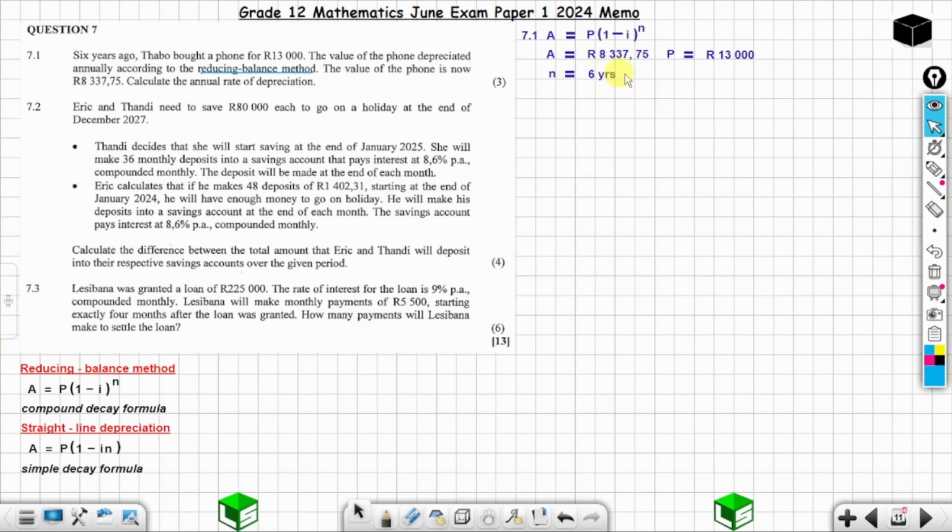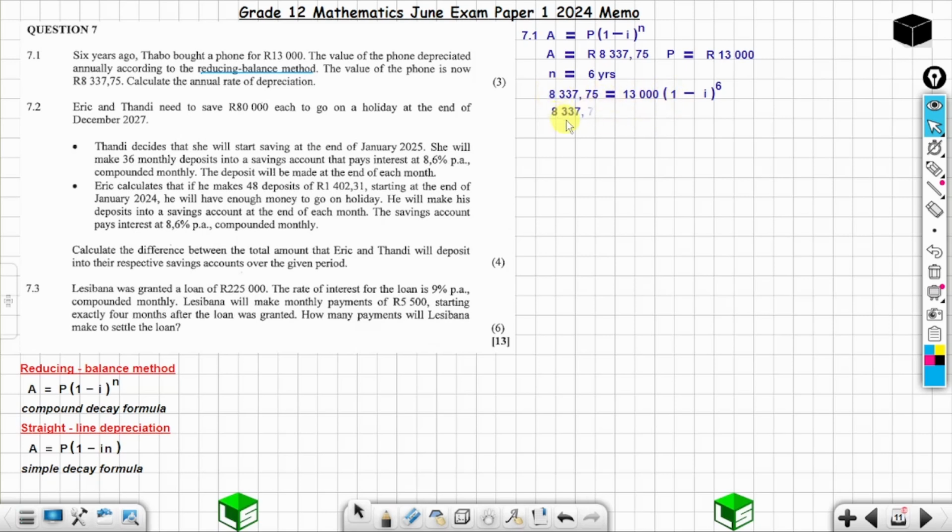Okay, let's plug everything that we have into the formula. A is equal to this. This is equal to, you have this in bracket 1 minus I. You close your bracket to the power of 6. We have to solve for I. So we are going to divide by 13,000 on both sides.